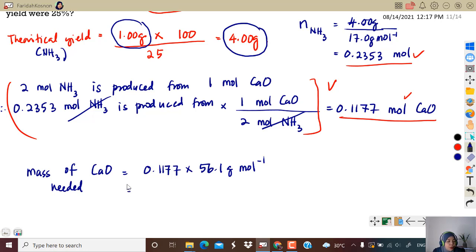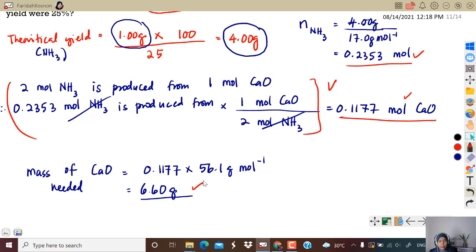So 0.1177 times 56.1, around 6.60 gram. There must be a unit. If there is no unit, it is wrong.